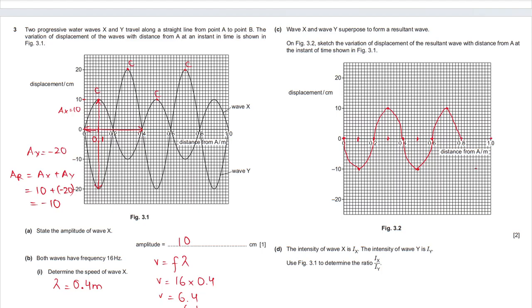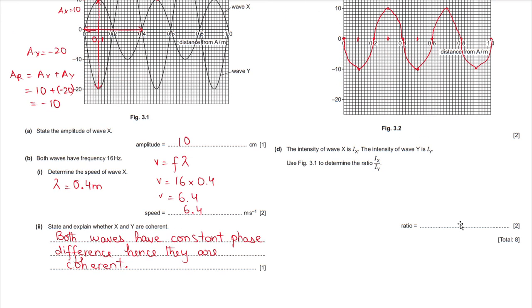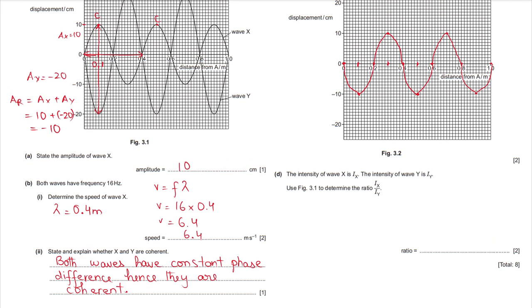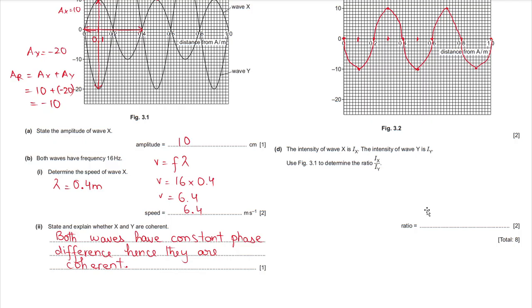And this is actually okay. I hope ये अभी अब आपको समझ आ रहा है. ठीक है, the intensity of wave X is Ix, the intensity of wave Y is Iy. Use figure 3.1 to determine the ratio of intensity of X to the intensity of Y. ठीक है, now we remember कि intensity is directly proportional to the amplitude squared, right?